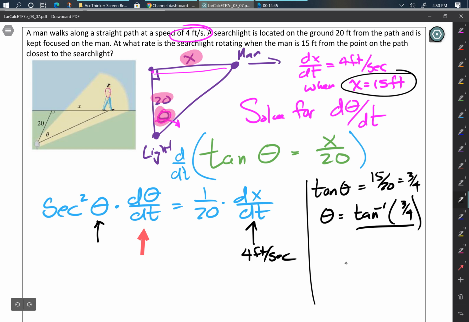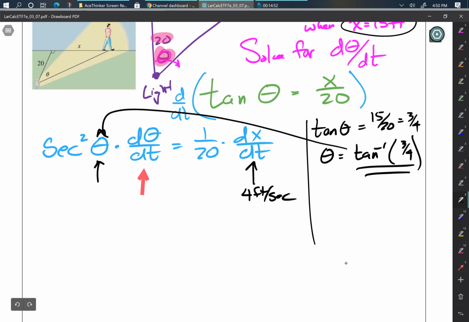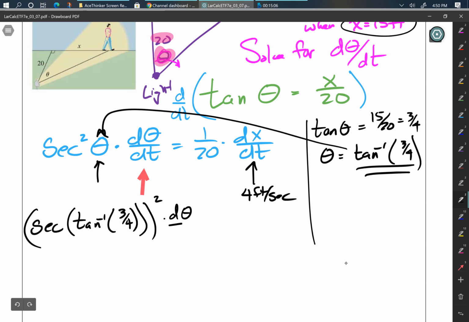So then taking this and putting it there, I should be able to solve this. The secant of the arctangent of 3/4, squared, times our d theta/dt is going to be equal to 1/5 feet per second.